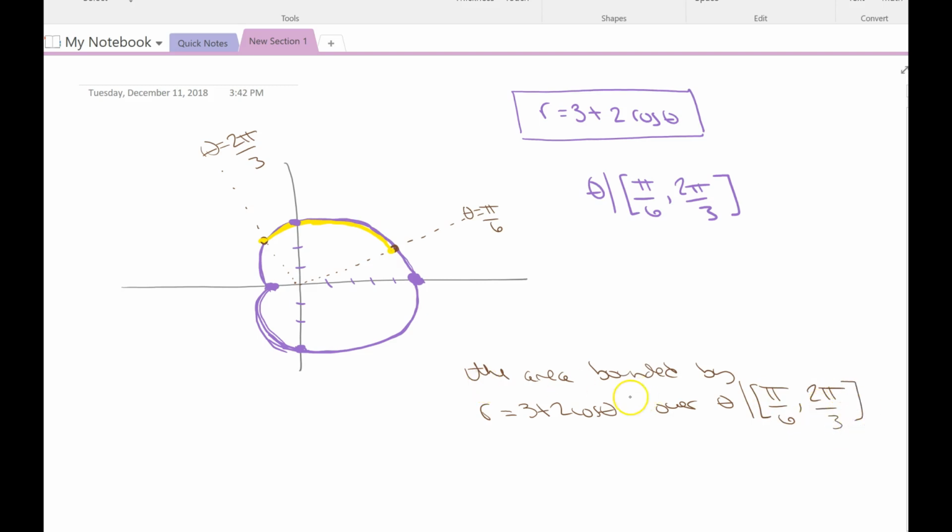When you see this phrase, the area bounded by this polar curve over an interval of theta, let me make sure you know what area that is. That is this area right here. It is the area bounded by the polar curve and the radial line, so to speak.